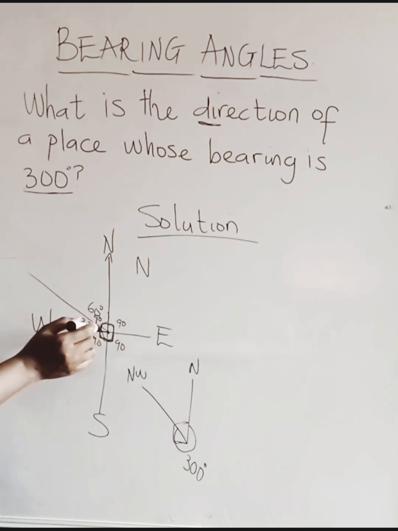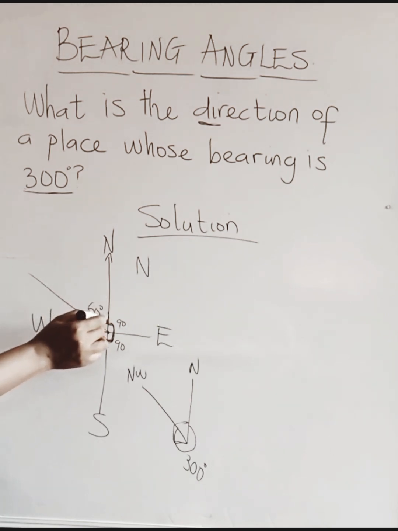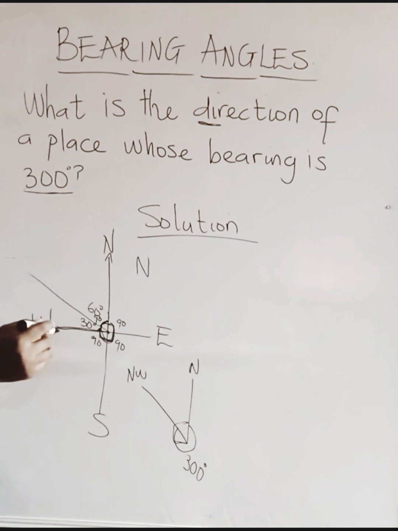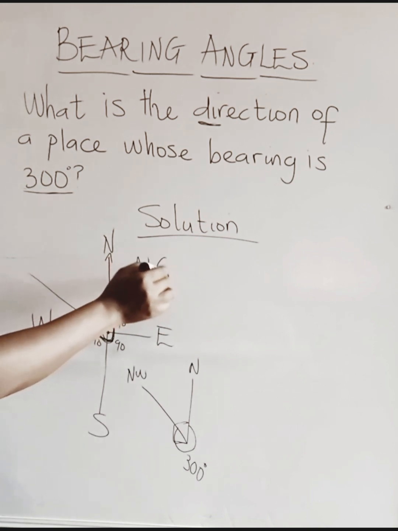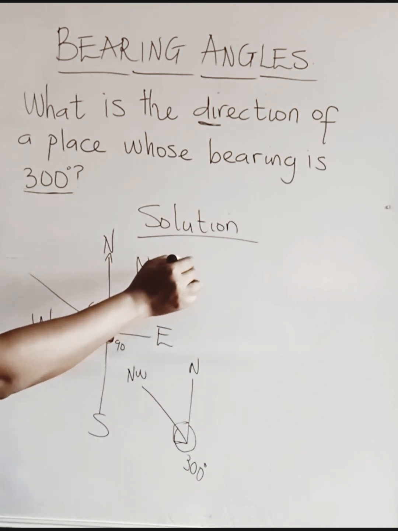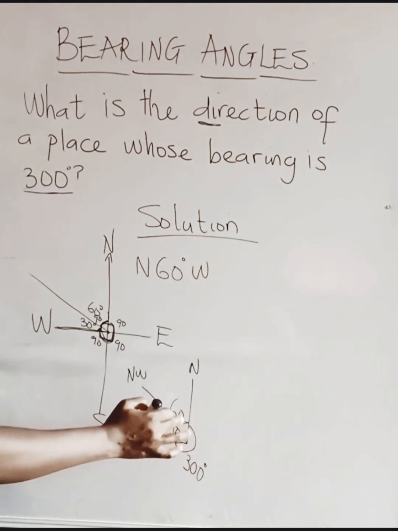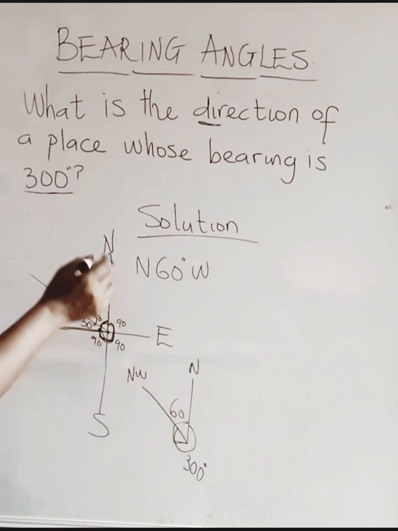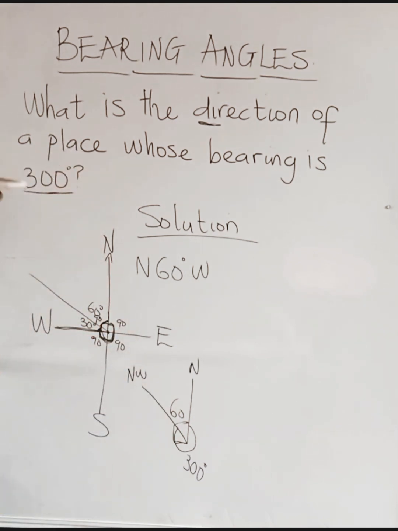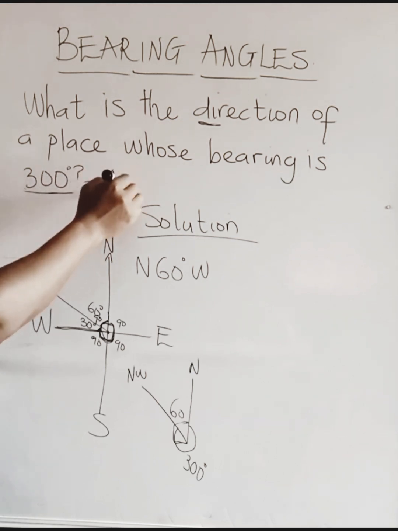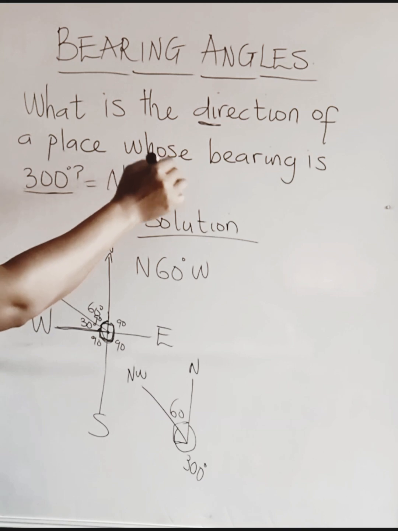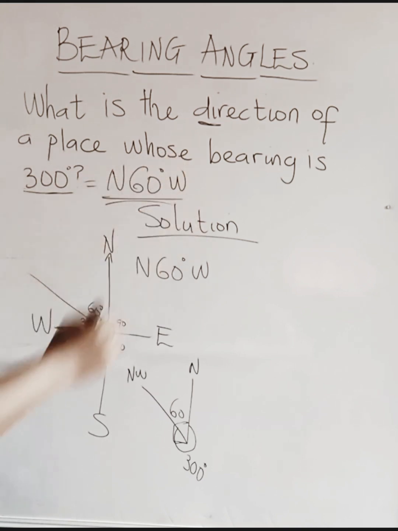So the angle here is 60, and the direction is north 60 degrees west. So the direction of 300 degrees is equal to north 60 degrees west, and that's our answer.